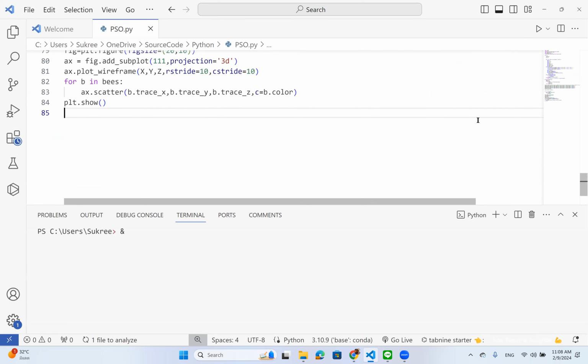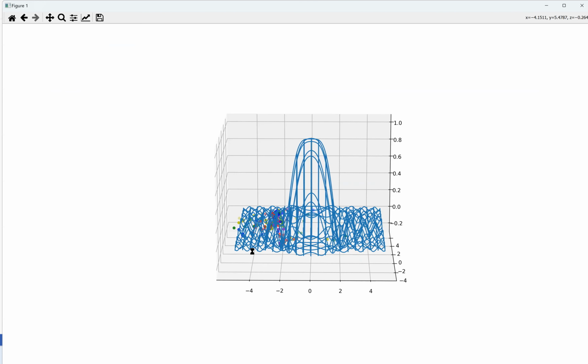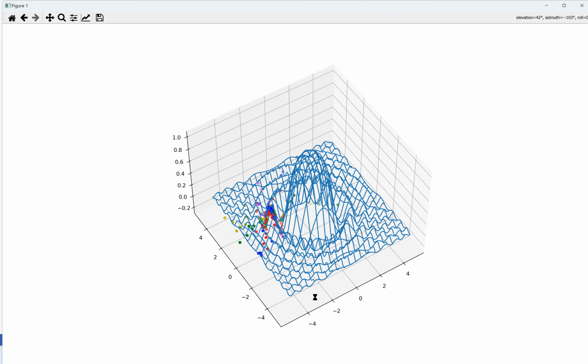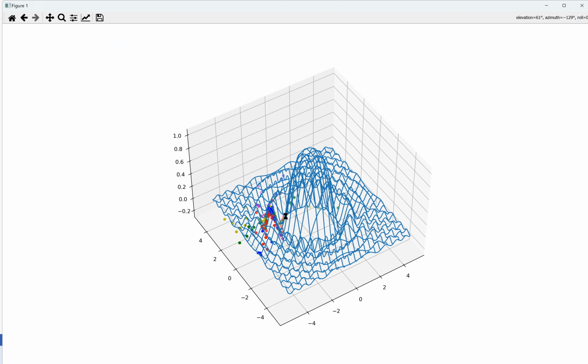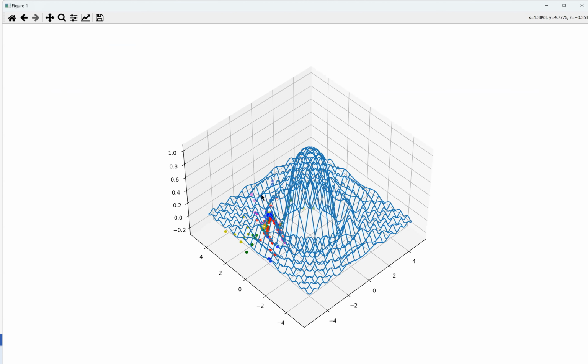Okay, finish. So you can see that I use 5 bees, and you can think of this as a mountain, and you can see that the bees move. We are lucky that all 5 bees are on some sides of the mountain, so they cannot move.